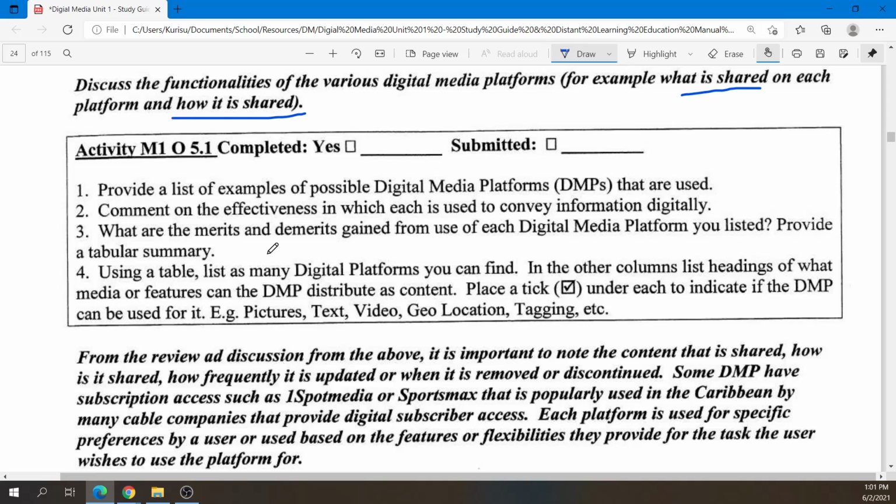Good, that's one. And to a larger audience. Good. Any other benefits? So we get faster delivery of the content, we get a wider audience because it's digital, so whoever's a part of the network can access the content.